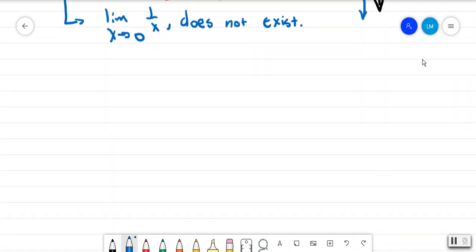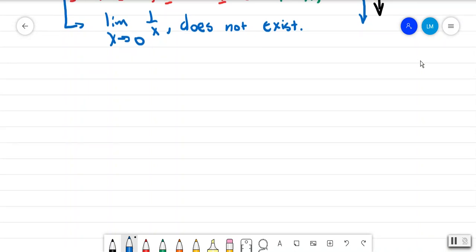Now, let's go ahead and look at some more examples. Some of these we can do algebraically, and some of these we'll look at the graph. So for instance, suppose that we want to find the limit as x approaches 2 for 1 divided by x minus 2.